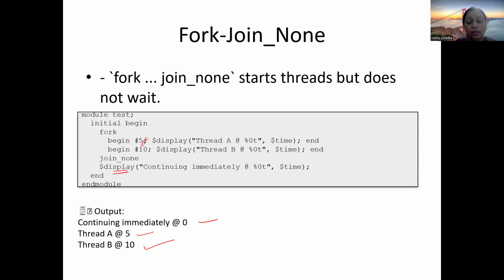There is no priority here that all the statements inside the fork join should get executed first. There is no such priority because the syntax is join_none. So they don't wait for each other. They all start concurrently. So that's the reason you get the output as follows.